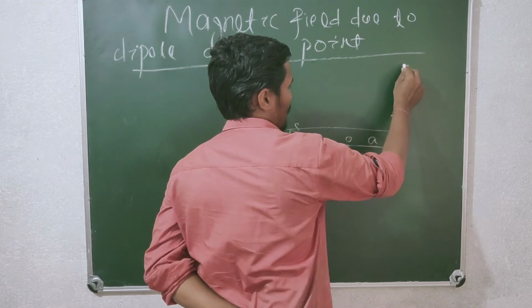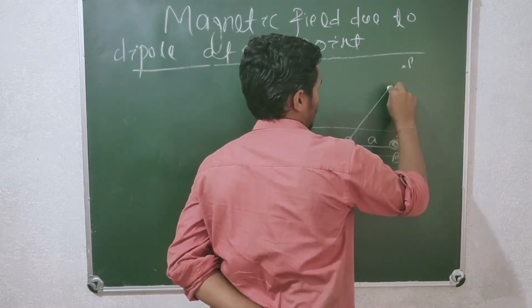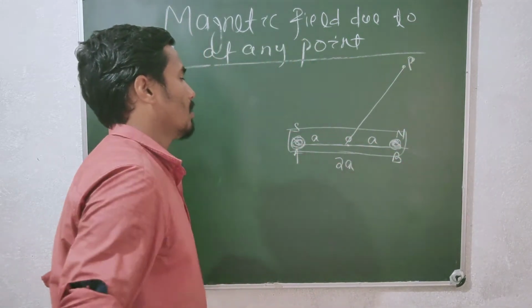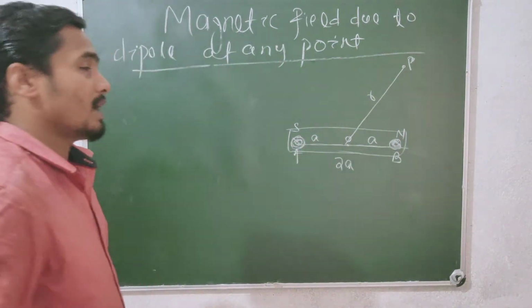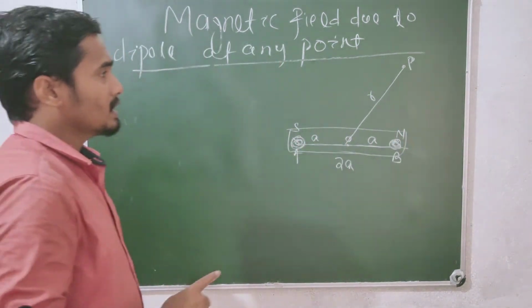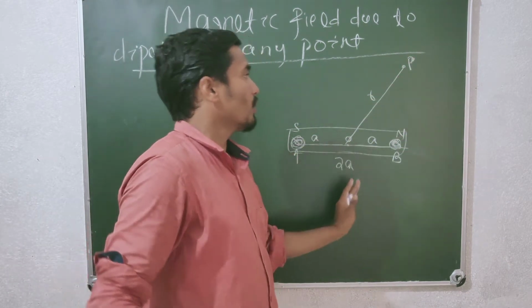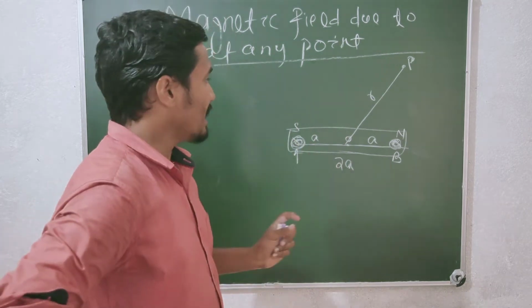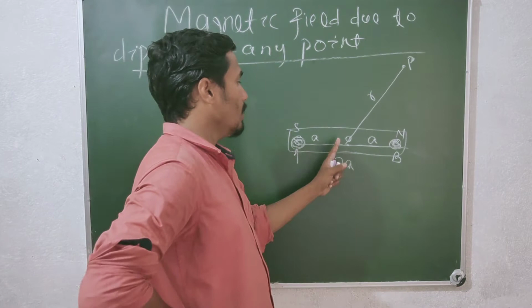Now we take a point P at a distance small r from the center O of the magnetic dipole. It means P is a point neither on the axial line nor on the equatorial line.